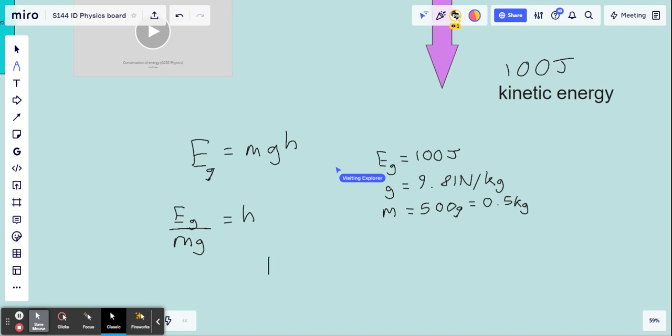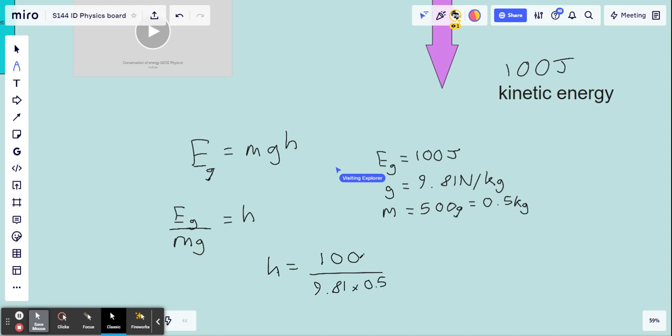So in our example, the height is equal to 100 divided by 9.81 times 0.5.